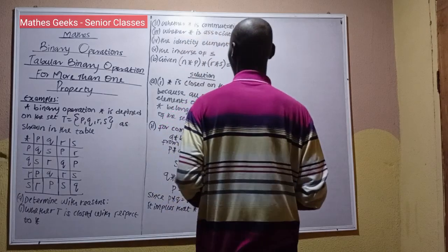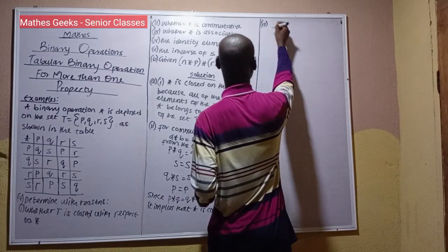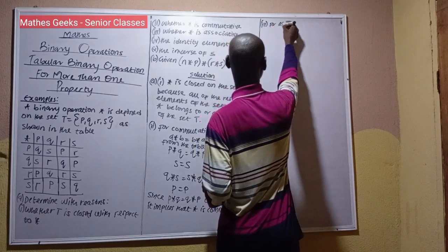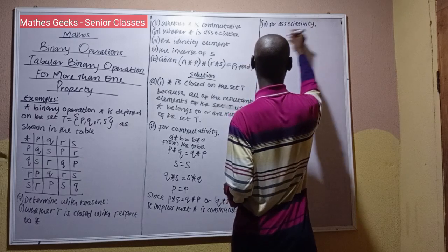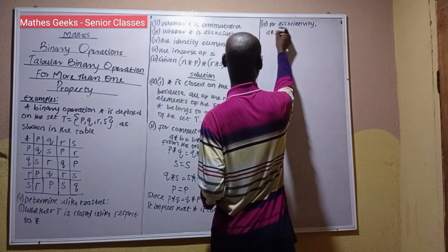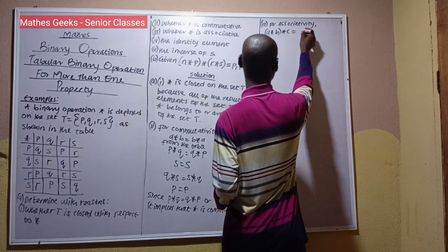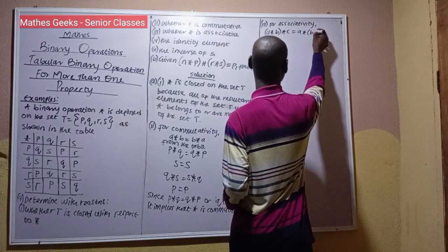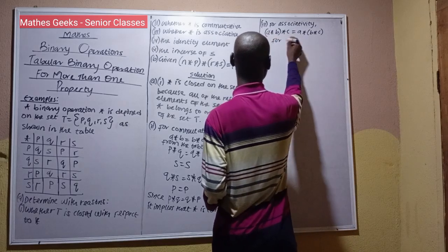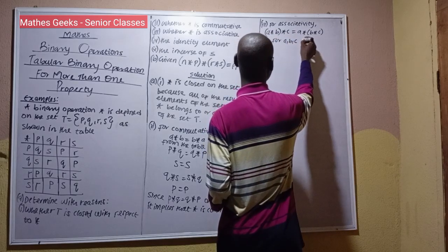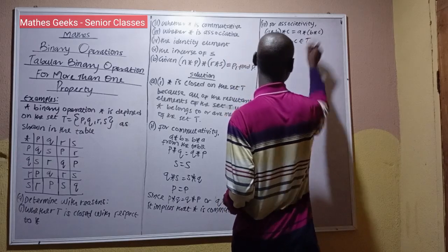Three says whether star is associative. For associativity, (A star B) star C should be equal to A star (B star C), for A, B, and C members of the set.